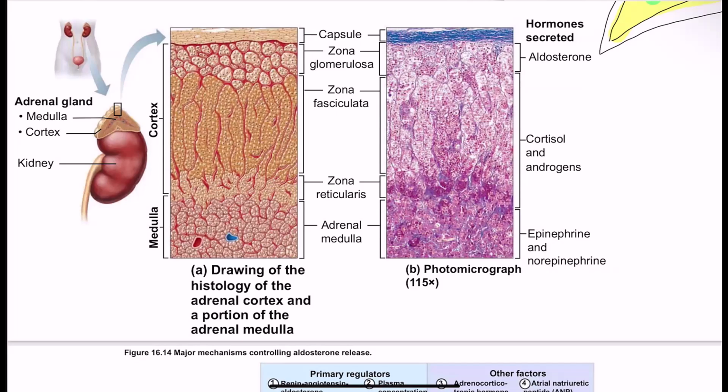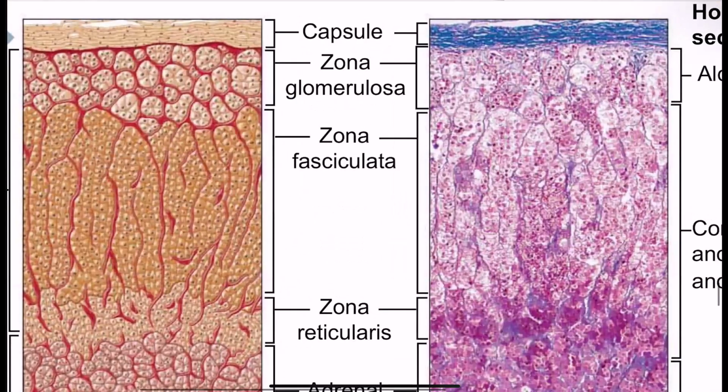So for the zona glomerulosa, the hormones secreted are called mineralocorticoids. That means they're hormones that regulate the mineral levels in the blood.